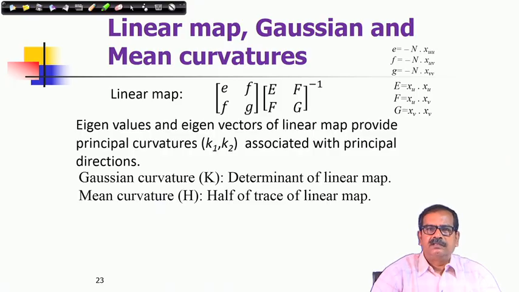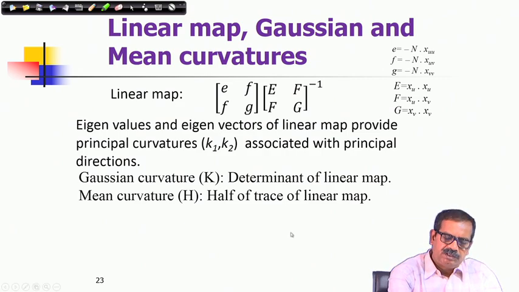And mean curvature is basically half of the trace of the linear map, which is the mean of the two principal curvatures. So, these two also can be alternative descriptions of local curvatures other than the principal curvatures.